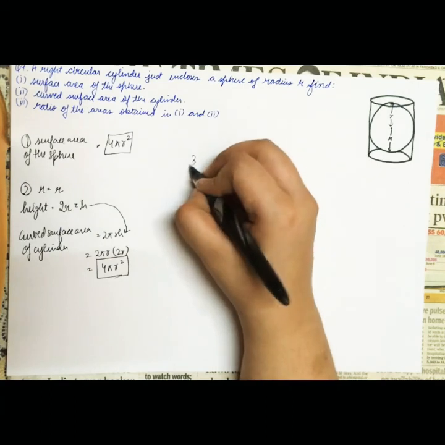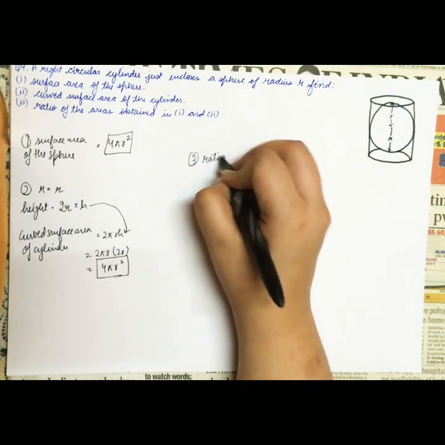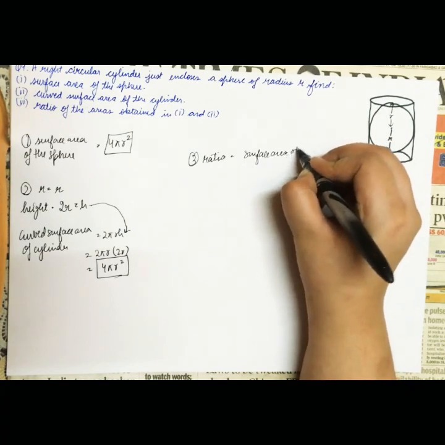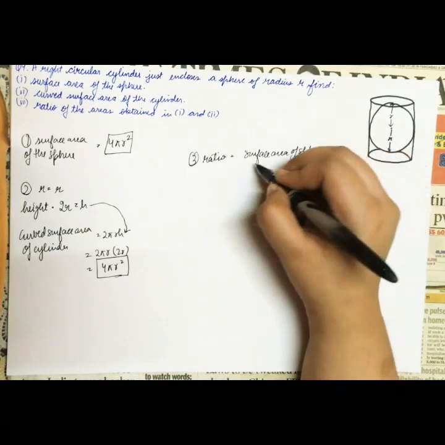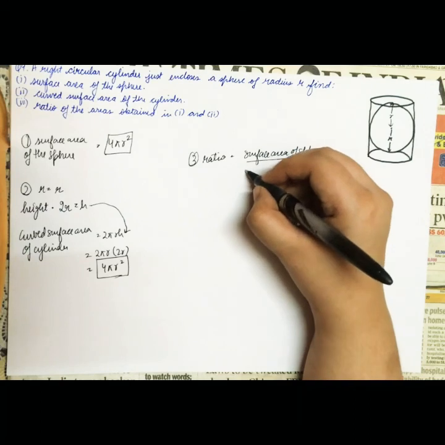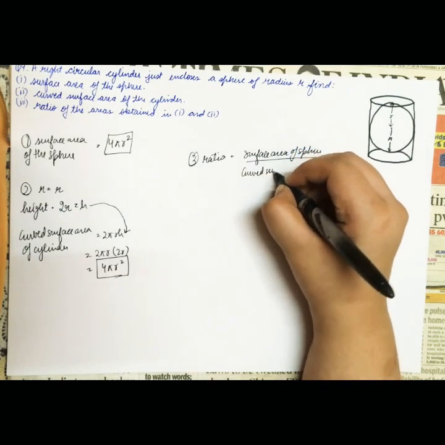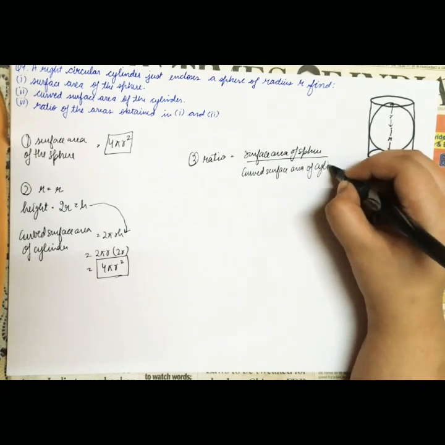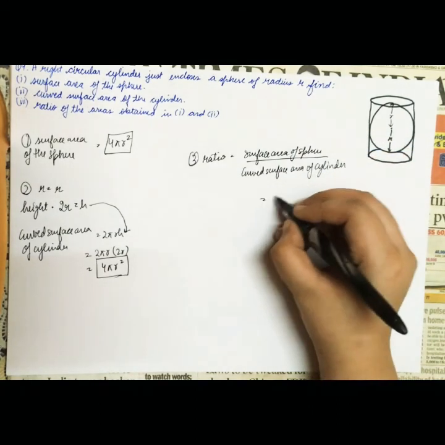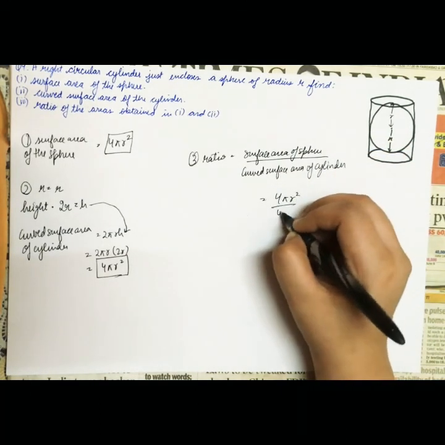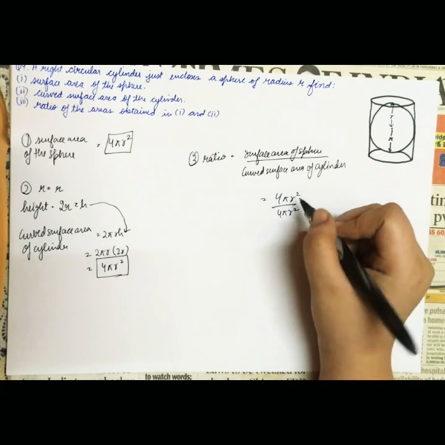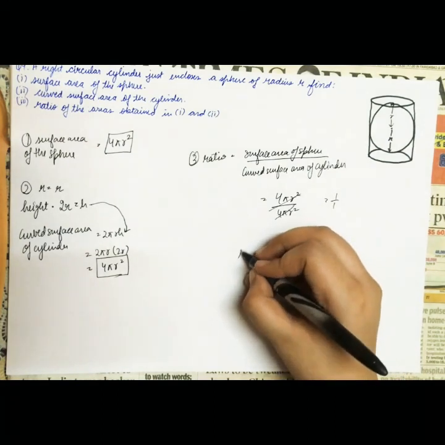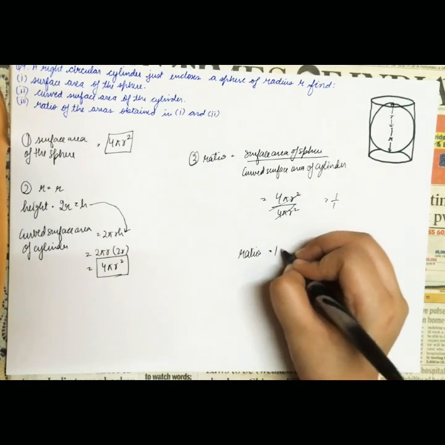Now they have asked the ratio of the surface area of sphere upon curved surface area of cylinder. We'll put the values, that is 4 pi r square upon 4 pi r square. Since they both are same, they will get cancelled and the answer will be 1 by 1. Therefore the ratio will be 1:1.